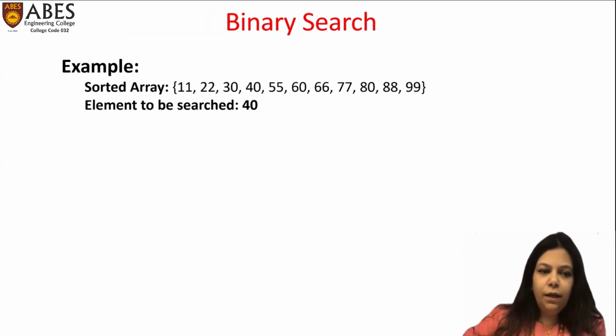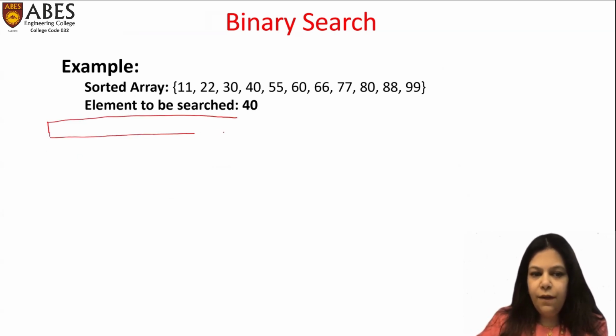To have a better understanding of binary search algorithm, let us take an example where suppose we have 11 elements in the array and these elements are stored in sorted order, in ascending order.